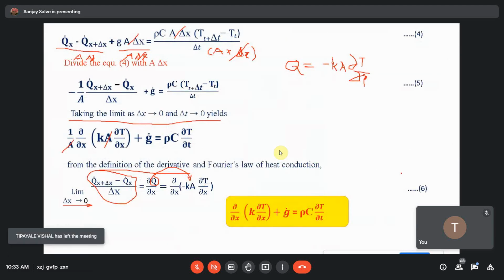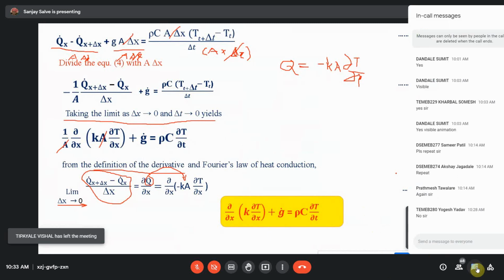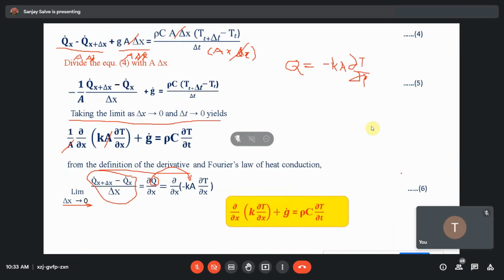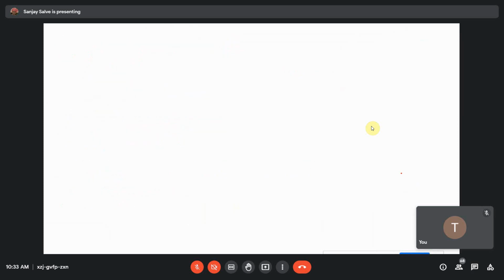So this is the case: delta by delta x into k dT by dx plus g dot is equal to rho c into dT by delta t. This is equation number 7, and it is very easy.